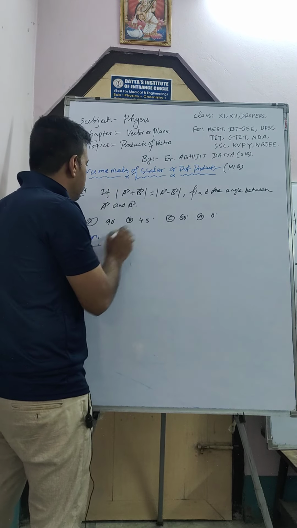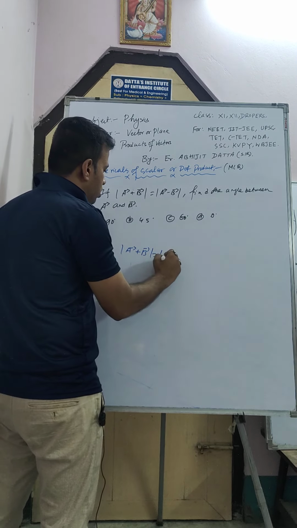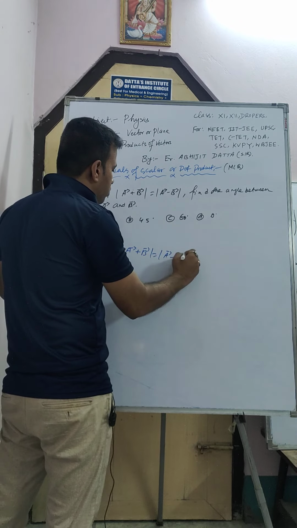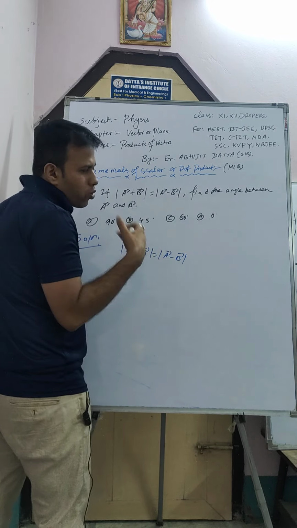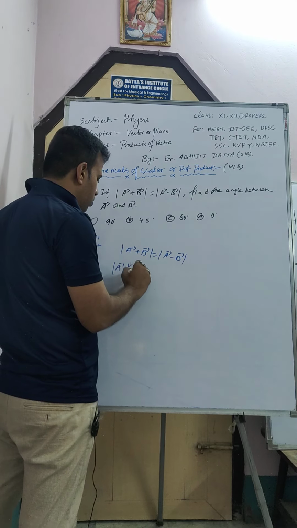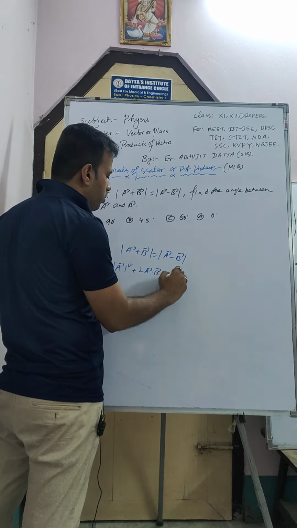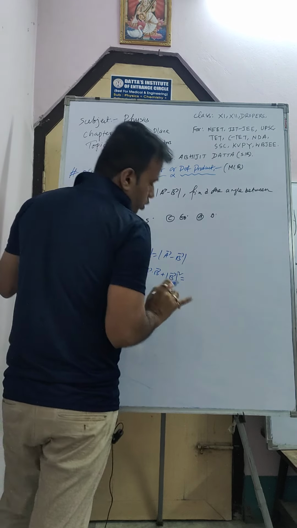Okay, so let's try. So what is given here? Given, mod of a plus b equals mod of a minus b. You can square this one. You remember, in this way I am squaring both sides.